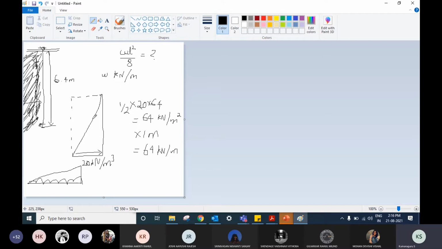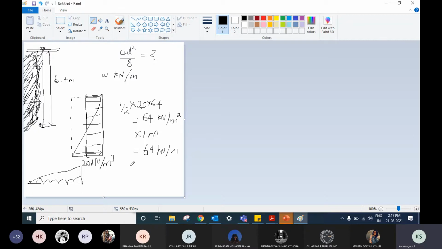I'm just going to take half of this value, and assume it's going to act uniformly over here, everything. You're getting my point. Now forget the top portion. So a triangular load, I'm just converting into UDL, this particular thing that I drew right now, by taking half of its intensity, which I'm thinking could be applied everywhere.